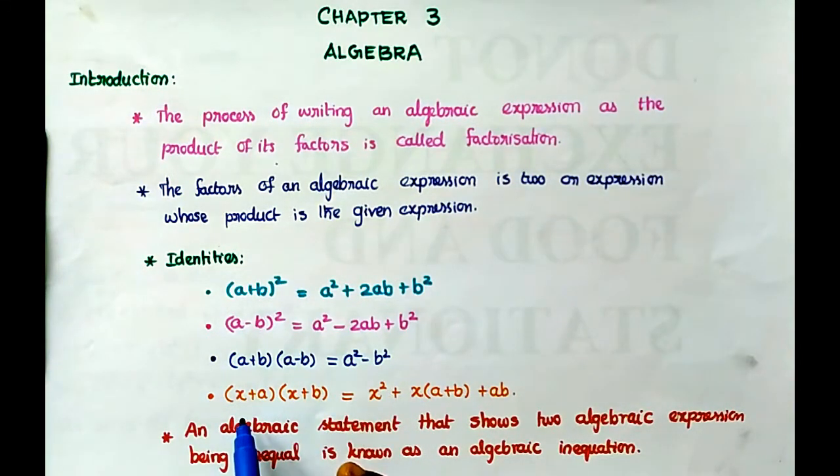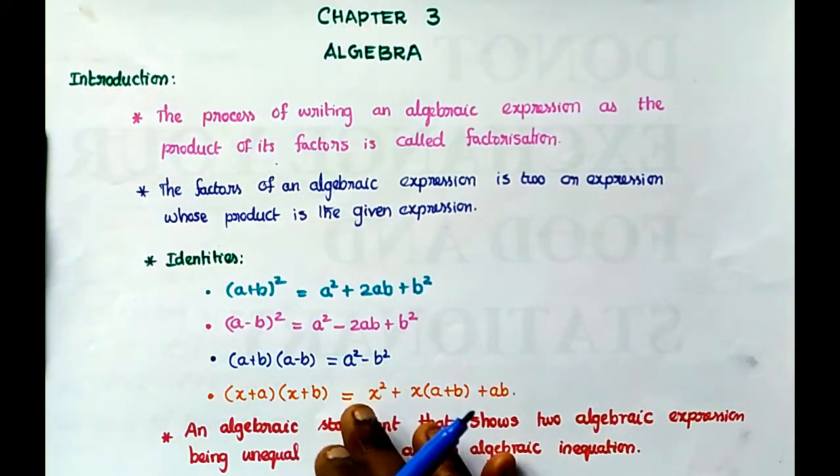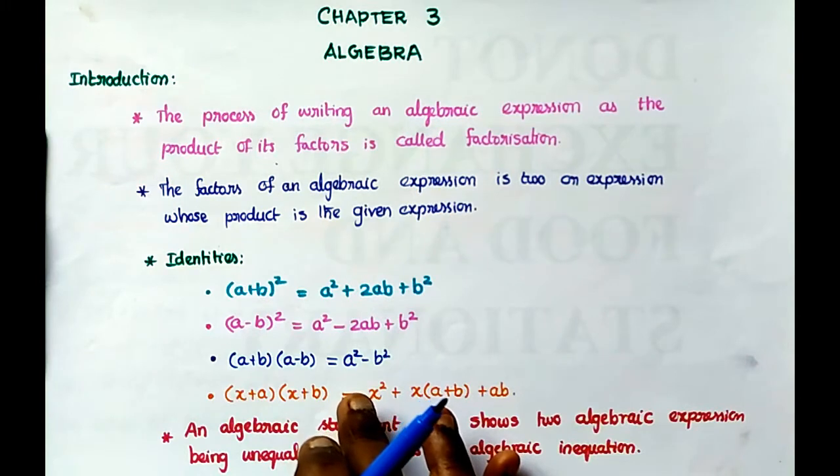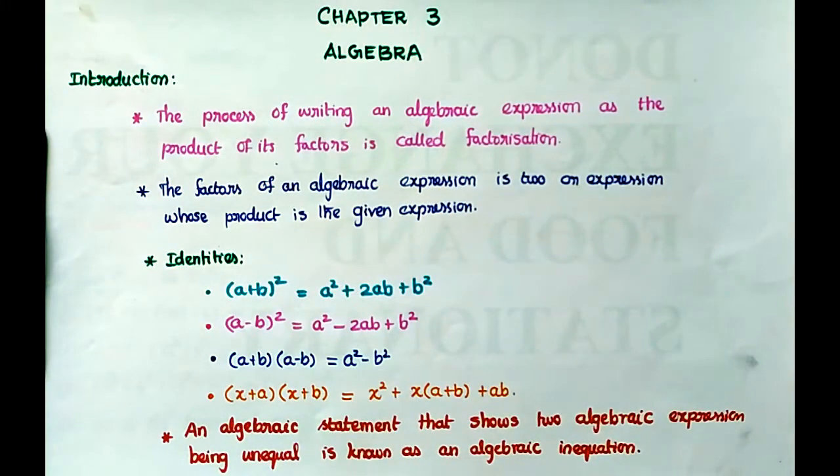Next one, (x plus a) into (x plus b) is equal to x squared plus x into (a plus b) plus ab. These are the identities. You have to memorize them, then only you can solve the problems.